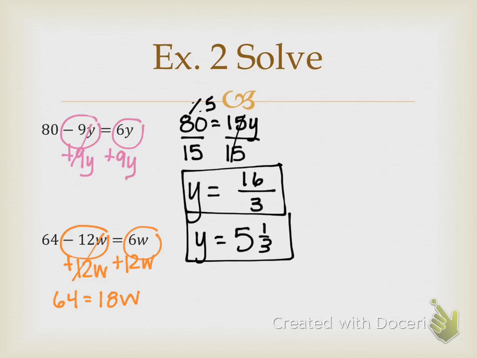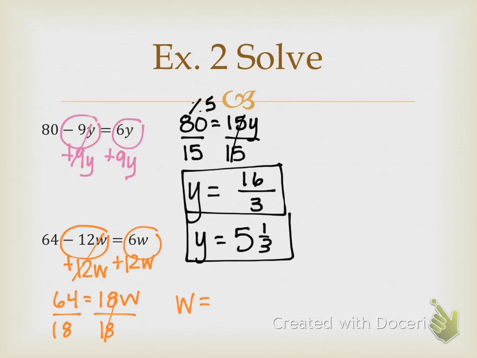All right, Nishan, what would I do now? You would divide by 18 on both sides. Very good. Divide by 18 on both sides. And can 18 go into 64 an even amount of times? No. So what is the biggest number that will go into both of these? 2. Can't be any bigger than that.